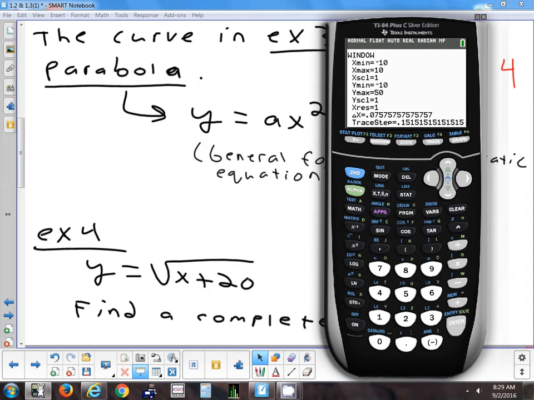Like anything that's more than negative 20, right? I agree. You can plug in everything that's greater than negative 20, and I also think there's one more thing you can plug in, other than just greater than negative 20. Or equal to. You can use negative 20 as well, because you can take the square root of 0.